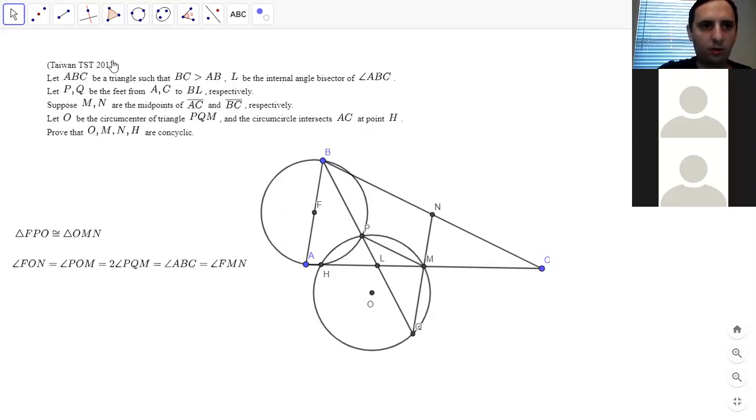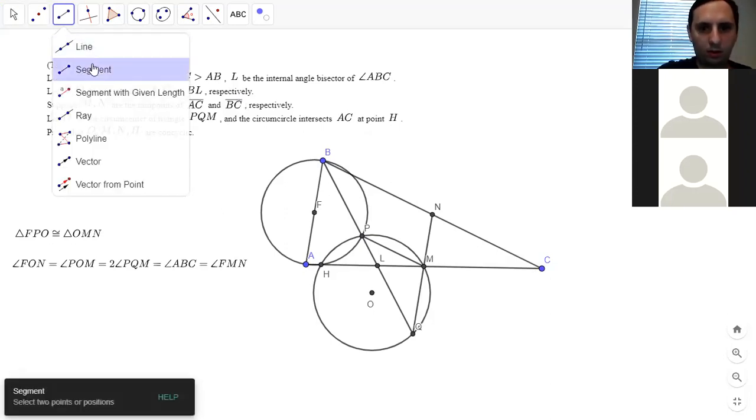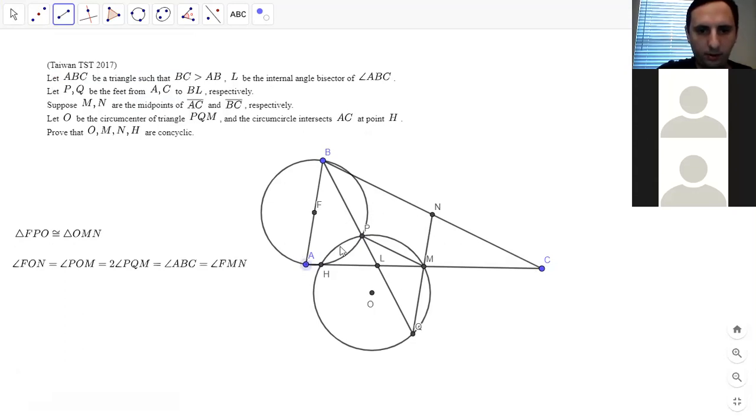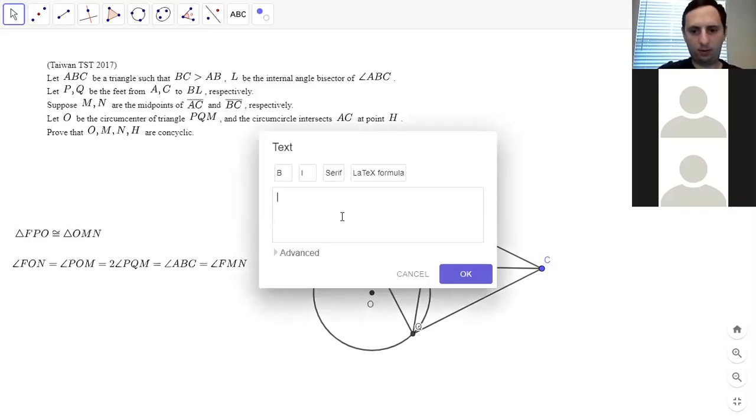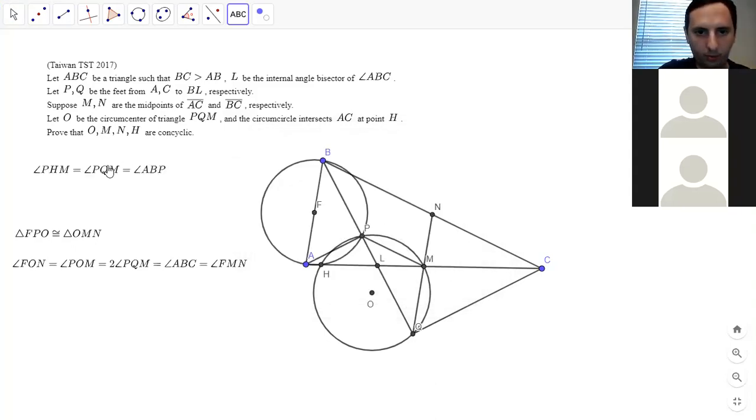Let me draw P and CQ. So we have angle PHM equals PQM equals ABP, and so ABPH is cyclic.